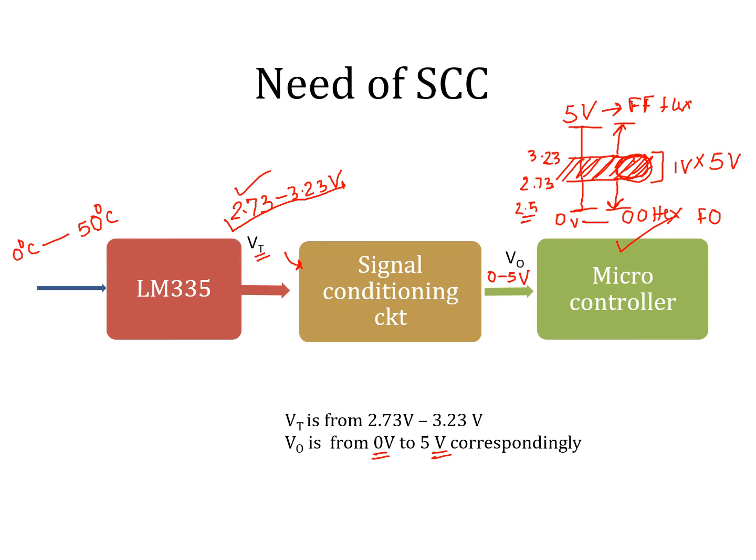I'm just giving you a rough estimate, you can calculate on your own. It could be FA or FB, something like this. This is the very limited range of output that we can get if I feed this output directly to the microcontroller. So that is the major advantage of using a signal conditioning circuit: we are increasing this 1 volt range to the 0 to 5 volt range.